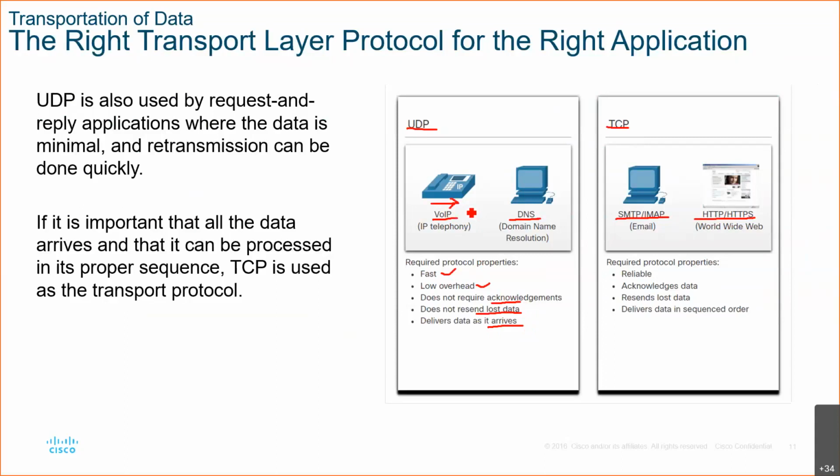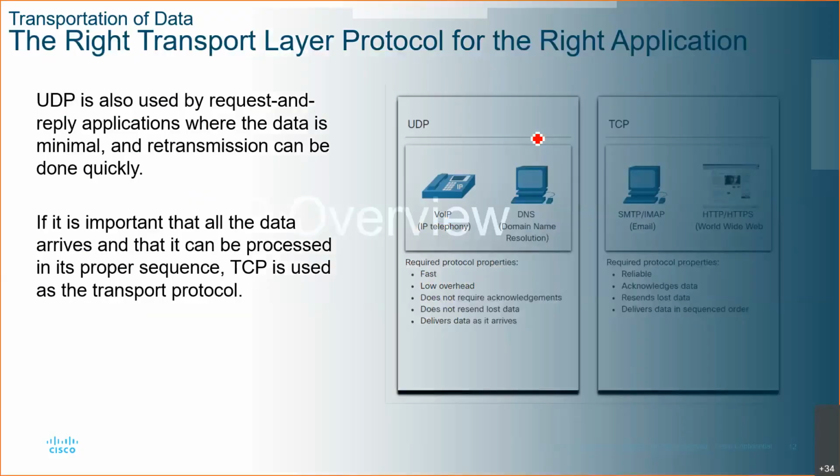But in HTTP and HTTPS, no, it's not. So it depends on which application you use. You have these two protocols that you can use as per your application. You also have to understand that some apps use both. There are certain features where they use both.